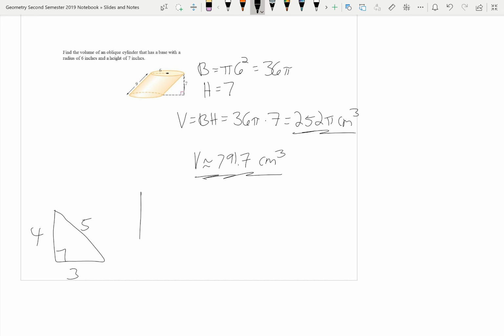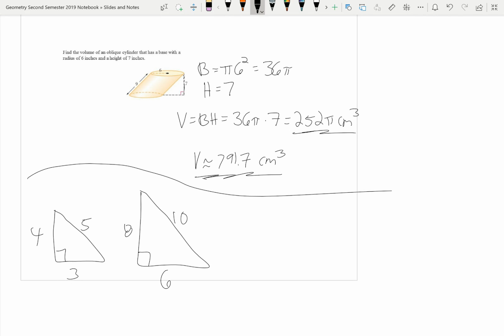You'll often see multiples of this too, such as 6, 8, and 10. So the hypotenuse is 10, and the legs of the triangle are 6 and 8. Notice 6 is 2 times 3, 8 is 2 times 4, 10 is 2 times 5. So you'll see these triangles quite a bit throughout this lesson.